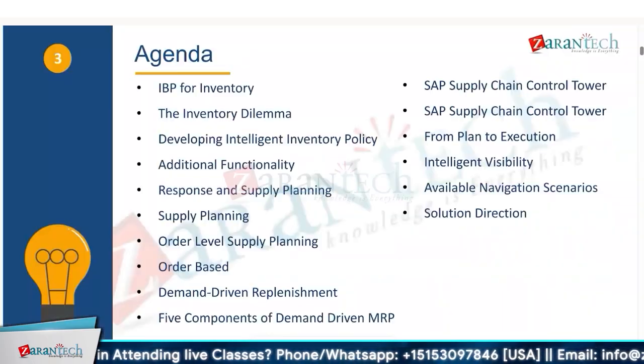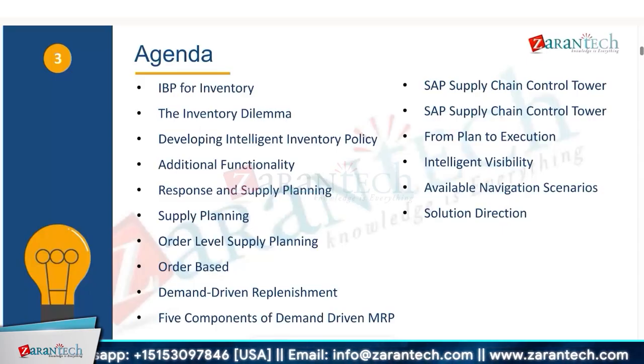We'll just quickly start off with the agenda. This topic mainly focuses on the inventory and supply planning functionalities. So IBP for inventory, then the inventory dilemma, then what are the inventory policies, and what additional functionalities does IBP offer in inventory planning, then response and supply planning, then order level supply planning, demand driven replenishment, DDMRP, which we discussed a little bit, then the 5 components of demand driven MRP, and so on and so forth.